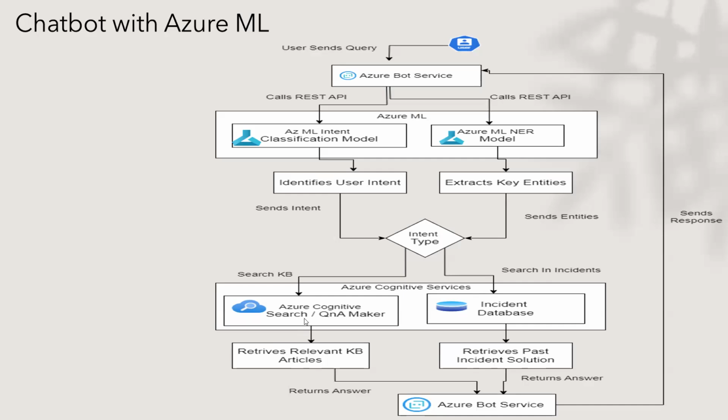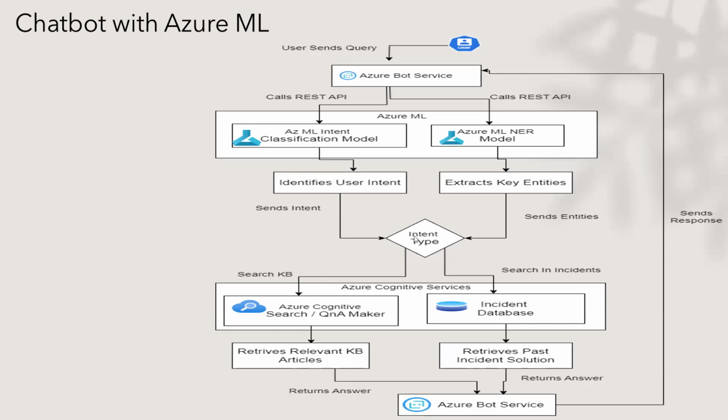In the case where the cognitive service is used, it retrieves the relevant KB article and returns the answer to the bot service. Same thing, it sends the response to the bot service, and via the bot service the user gets the response. So basically, we are using either the KB article or the incident database.